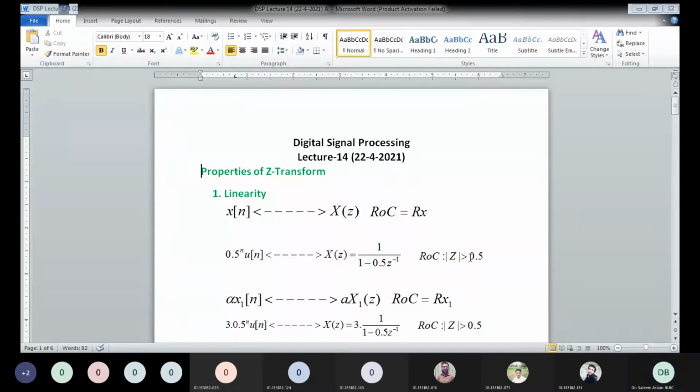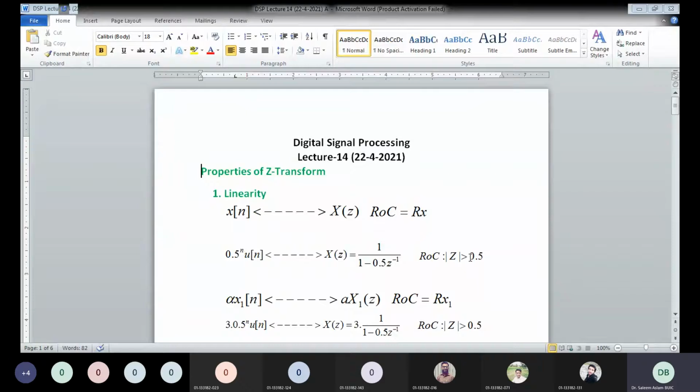If you remember, we have A, B, and C poles, and if all sequences are right-handed sequences, the ROC will be |z| greater than C. And if all the sequences are left-handed sequences, then the region of convergence would be |z| less than A, right? And if A and B are right-handed and C is left-handed, then |z| greater than B and |z| less than C, right?